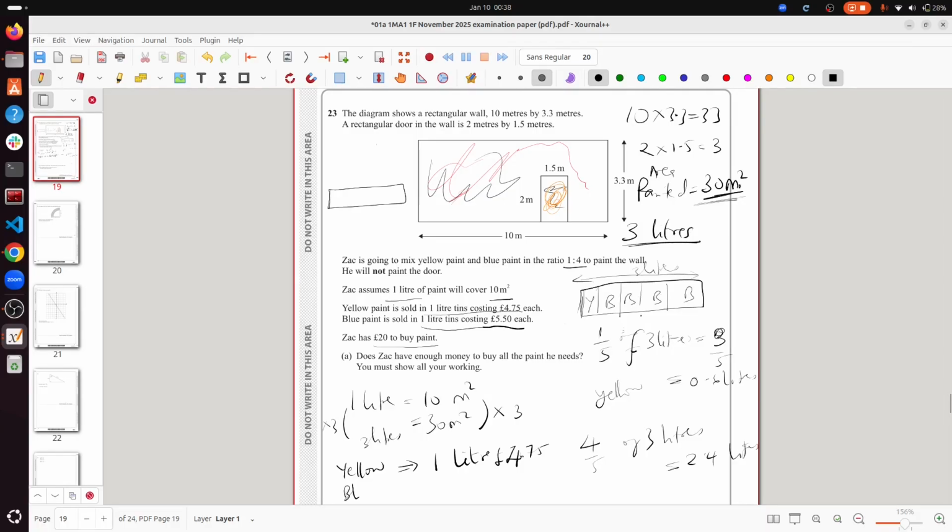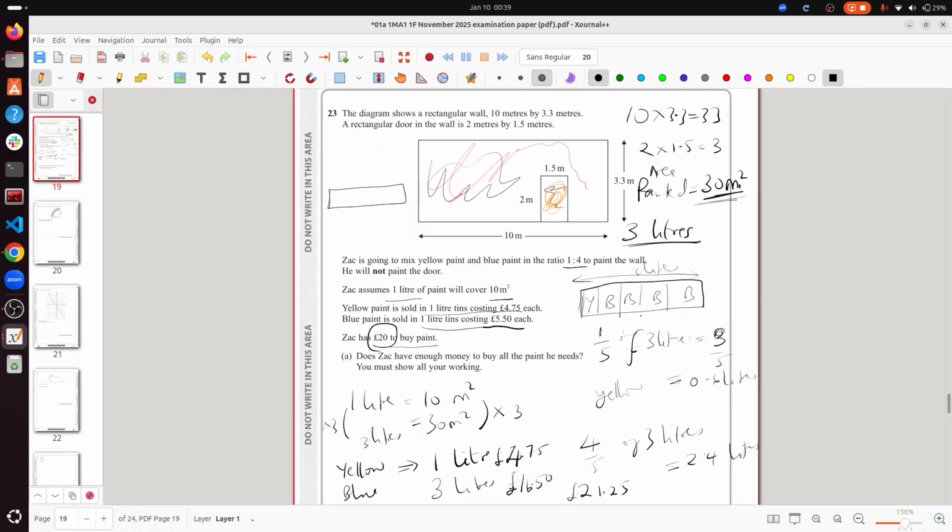For blue, it is 2.4 liters, but they are sold in 1 liter, so that means we're going to need 3 liters, and that will cost me £5.50 times by 3, and that will give me £16.50. Adding this together, that gives me £21.25, and that is more than the £20 he has.